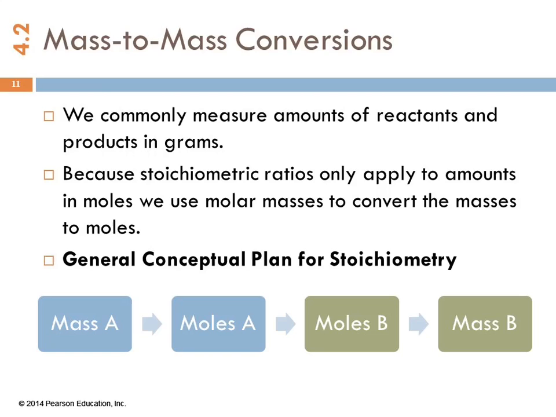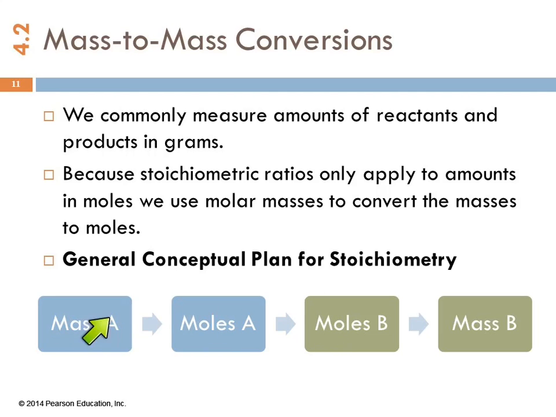So that's nice, moles to moles, but we don't measure things in moles because moles are counting units. We measure things in grams. And so here in the middle is moles of A to moles of B. That's what we just looked at.